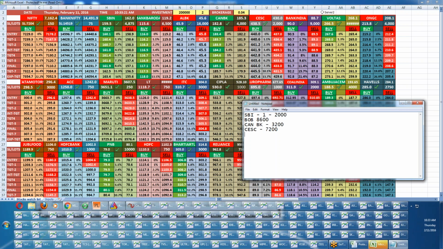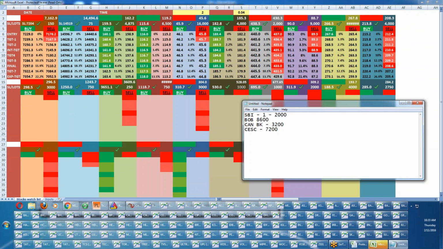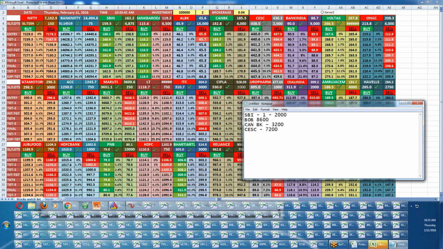Bank of India we have a sell. 89.50 is your entry. Now it is at 88.80. That's around 70 paise in that. So roughly around 700 rupees.